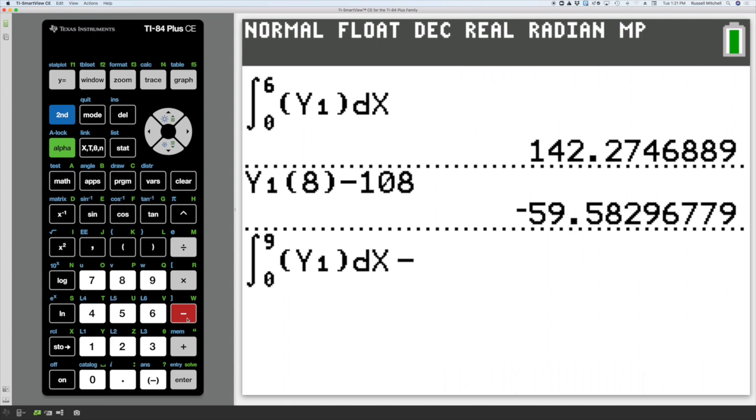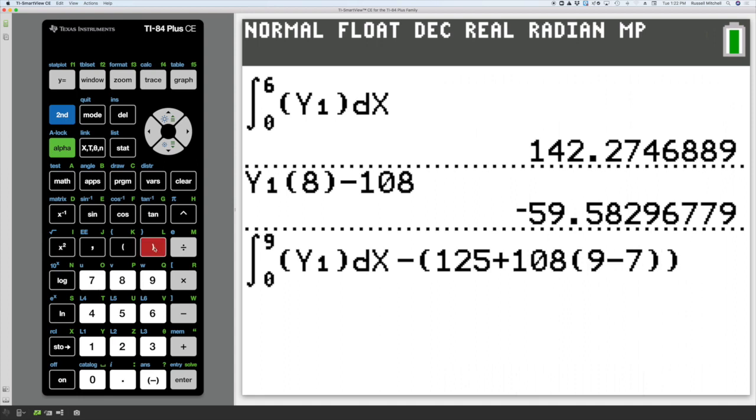Now h of 9, if you recall, on our paper, it's going to be 125. I need to do a parenthesis because we have to subtract the entire amount. So parenthesis 125, and then plus 108, and it's going to be 9 minus the 7.